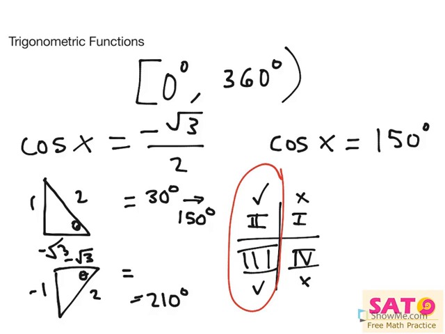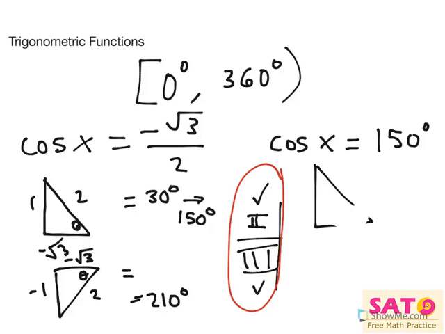Alright, now let's do this side, and it's pretty much the same, but we're looking at it in degrees instead. Let's go ahead and solve that. If we know the angle is already 150, we're looking at a reference angle of 30.